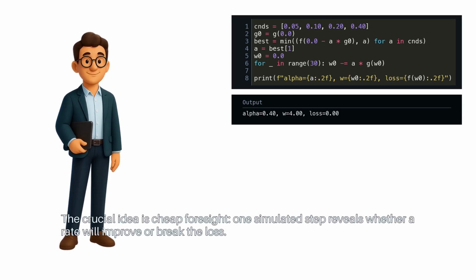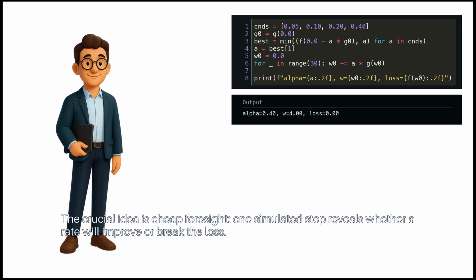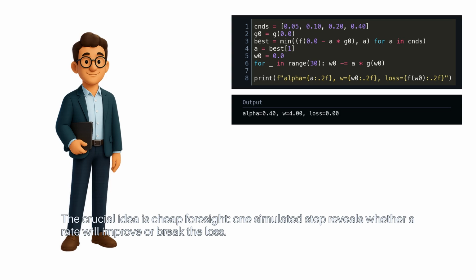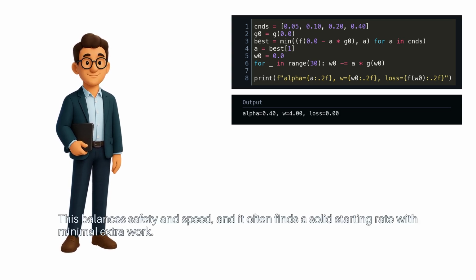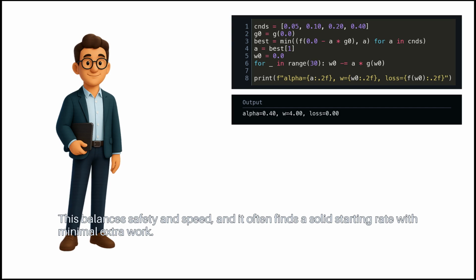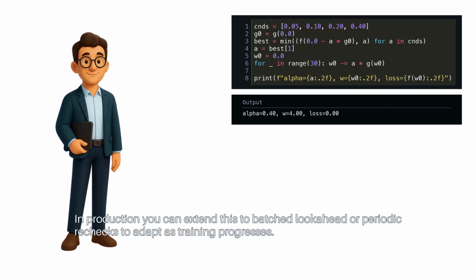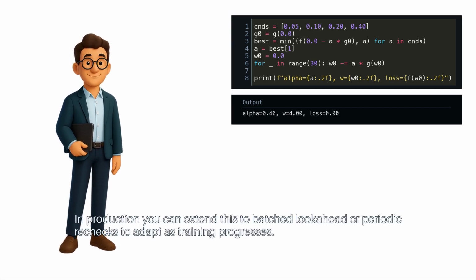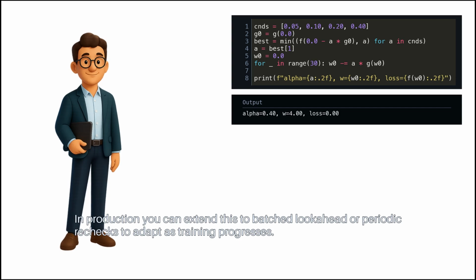The crucial idea is cheap foresight. One simulated step reveals whether a rate will improve or break the loss. This balances safety and speed, and it often finds a solid starting rate with minimal extra work. In production, you can extend this to batched look-ahead or periodic rechecks to adapt as training progresses.